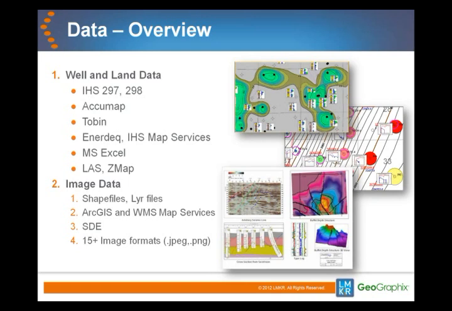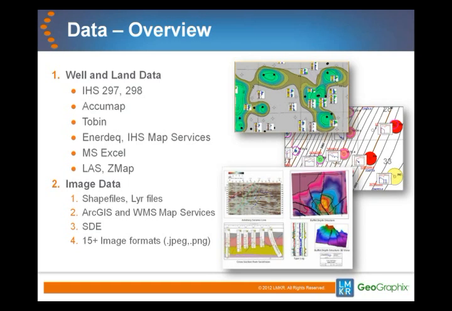With the embedded Esri technology, you can import OIR files, so the Esri layer type format, the shape files that I mentioned before, and you can stream map data directly from ArcGIS Services and Web Map Services online. In addition, you can display layers from SDE, or Esri's Spatial Data Engine technology.